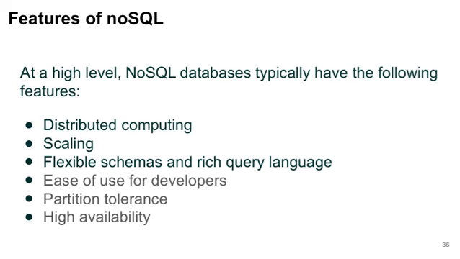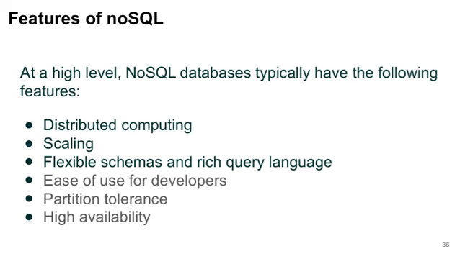They also offer flexible schemas and a rich query language. This flexibility means you're not locked into a rigid data structure, making it easier to evolve your data model as your application grows. The rich query capabilities give developers powerful tools to retrieve and manipulate data efficiently.